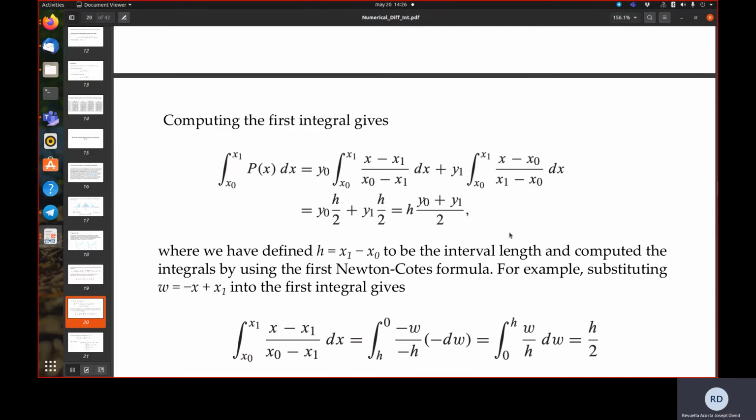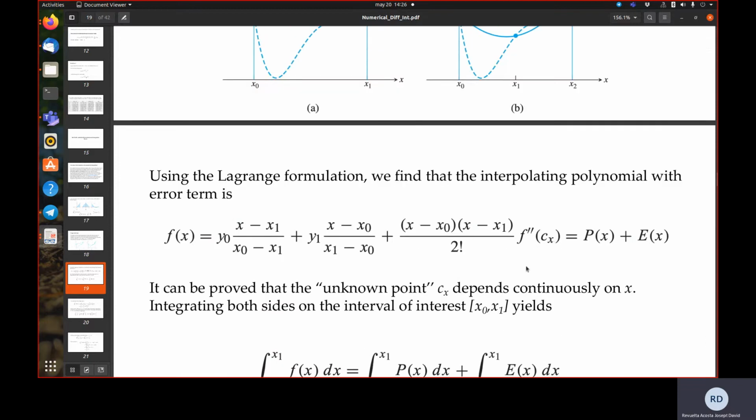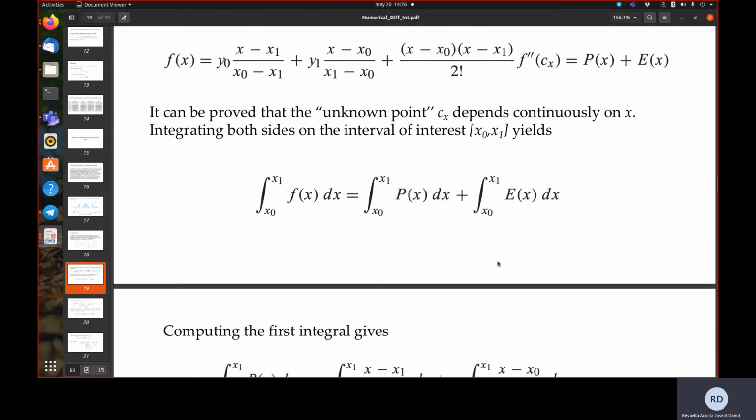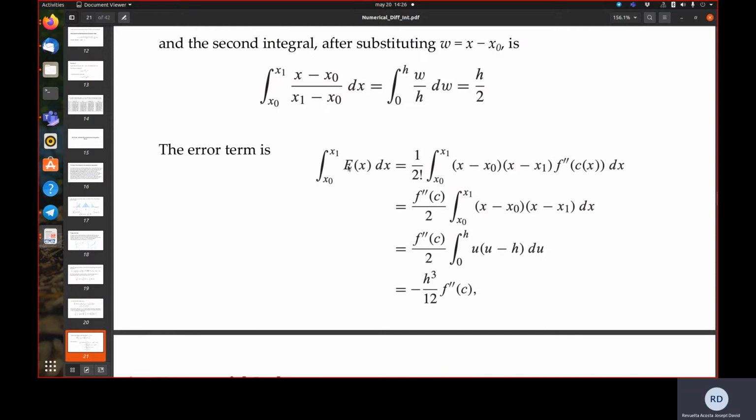The error term, as I said, is equal to this expression, and it can be simplified to the integration of this, because we have the 2 factorial as a factor, a constant. The 2 factorial is very easy to define, which is equal to 2: 2 times 1 is 2 factorial. This is going to be a constant, so it's going to be out.